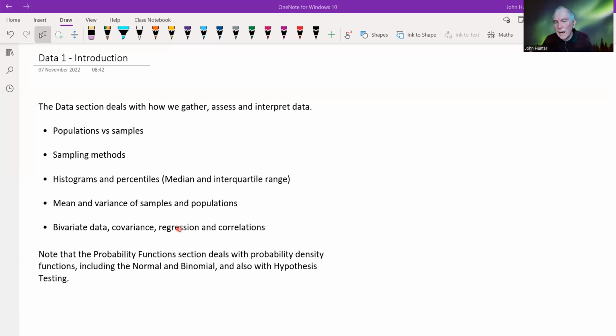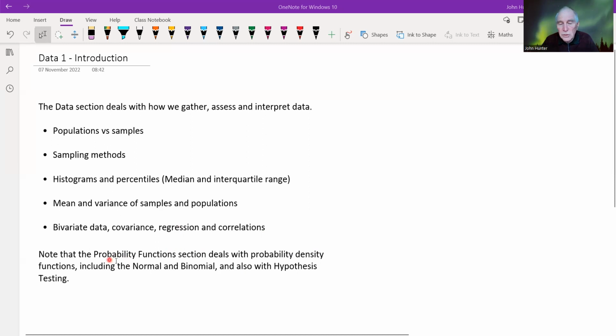So that line we may refer to as our regression line. And we're also interested in correlation. Is there a relationship, a correlation, between these two variables? As one increases, does the other increase, or is it just random? So those are the things that we're going to be looking at in this section.